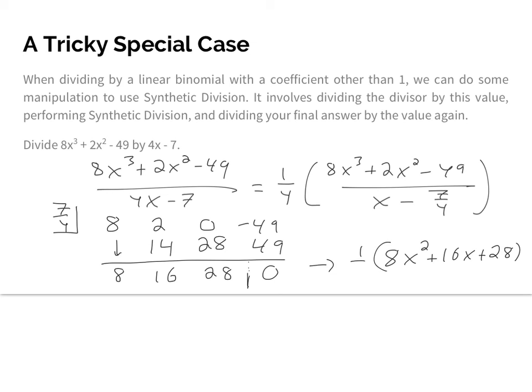I then have that 1/4 on the outside. So for a final answer, I have to do 1/4 times each of those, and that brings me to 2x squared plus 4x plus 7. And so that's a little trick, a little special case that we can use there. But that's a good way to do synthetic division. So I hope this makes sense, and there we go.